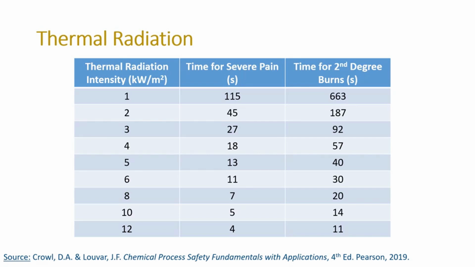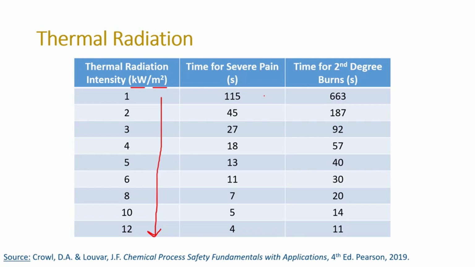We can quantify exposure to thermal radiation as an energy measurement per unit area. So in this table, we see thermal radiation intensity described as kilowatts per meter squared. And what we see is how, as the thermal radiation intensity increases from 1 kilowatt per square meter to 12 kilowatts per square meter, the time for the individual to experience severe pain decreases.